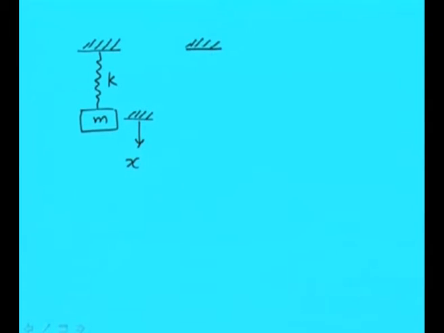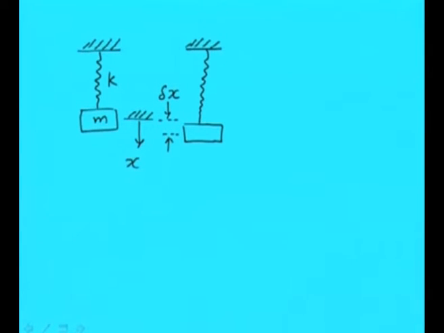Now we are giving a virtual displacement to the mass after this, and that virtual displacement is very small and we call it delta x.